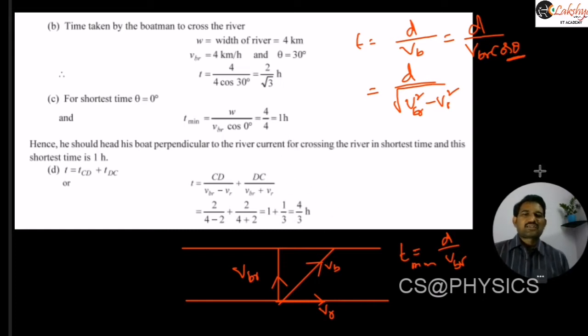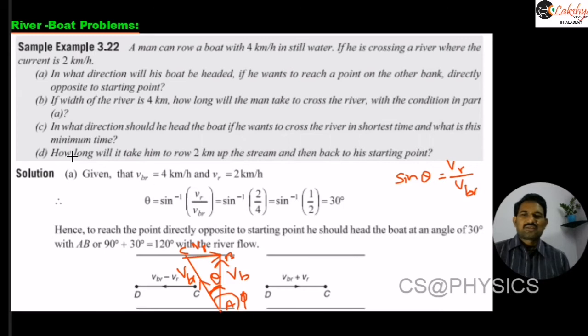The next case they are giving is this question: how long will it take him to row 2 kilometers up the stream and then back? First he is traveling up the stream, so the directions will be like this, when the river is flowing down and he is traveling up the stream.